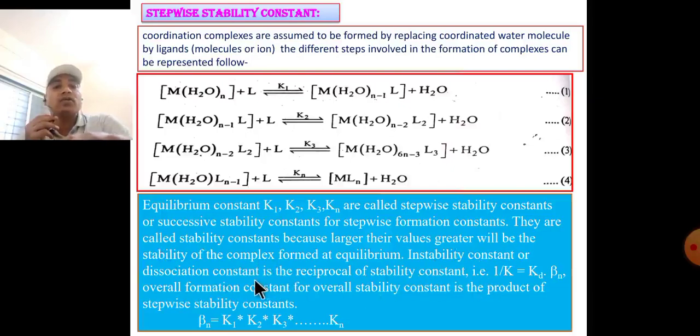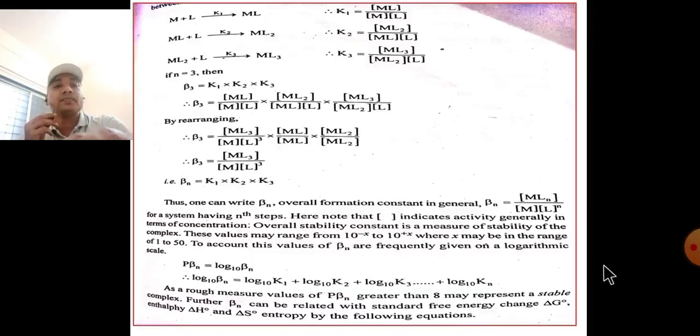Instability constant or dissociation constant is the reciprocal of the stability constant, that is, Kd equals 1 upon K. The overall formation constant, or overall stability constant, βn, is the product of the stepwise stability constants, that is, βn equals K1 into K2 into K3 up to Kn.